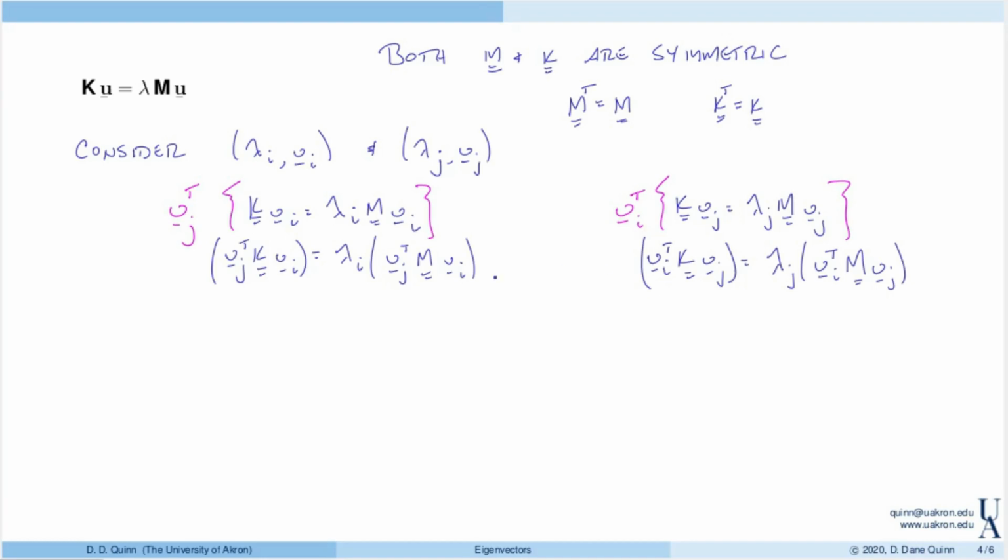Notice that these two statements look very similar, except the i's and j's are switched. So i becomes j, and j becomes i. Now, one important thing here is that this is a vector transpose times a matrix times a vector. So this quantity is a scalar.